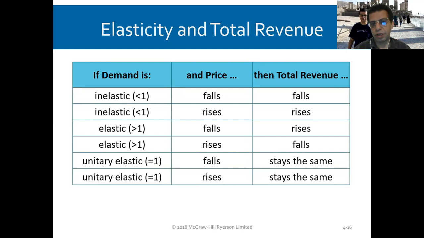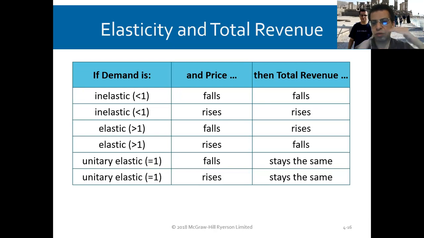In the case of unitary elasticity, which we talked about, it is equal to one. So if the price falls, total revenue is the same, because reducing the price by a percentage and the quantity changing by the same percentage cancel out. You reduce the price by 20% here, the quantity increases 20%. You reduce another 10, the quantity increases 10.